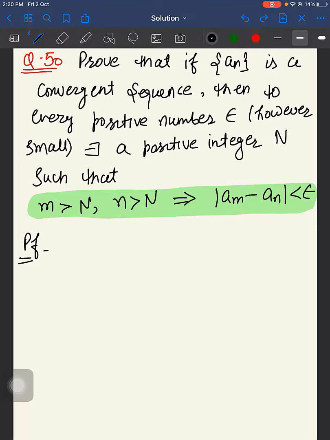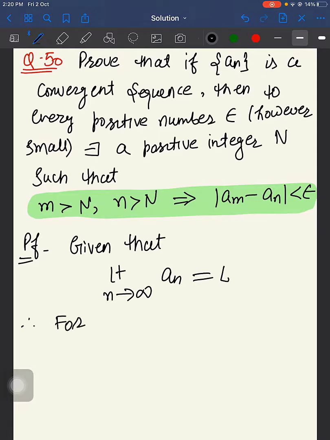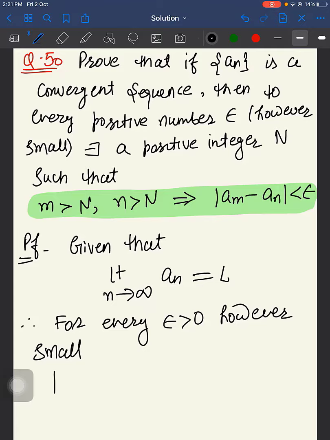Now, given that limit n tends to infinity of An is L, that means for every epsilon positive, however small, the difference of An and L can be made less than epsilon by 2.